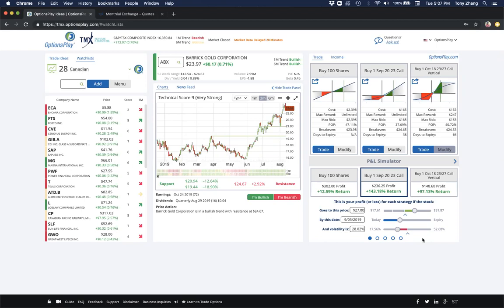So keep that in mind versus when the stock price moves, notice how much the price changes. So even a 50-cent move results in a huge return in your strategy versus volatility will have a relatively small impact. So keep that in mind when you're thinking about volatility. It doesn't have as large of an impact on your P&L as many people might expect.